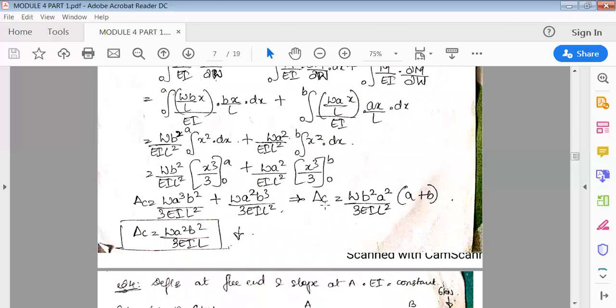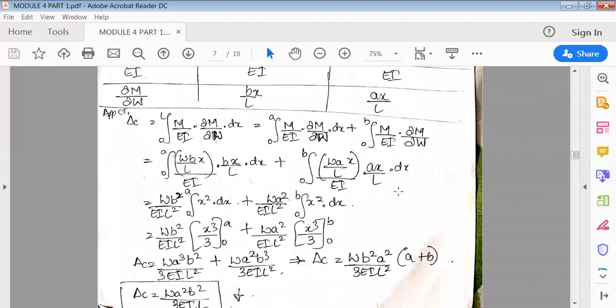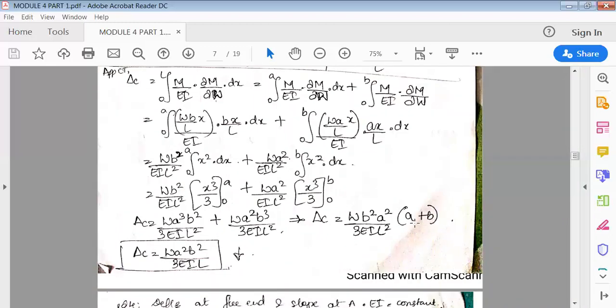So delta B equals, taking common WA²B², from here a², from here b², you're left with (a+b)/(3EIL²). We know that a plus b is nothing but L, so I'll substitute this with L. It is WA²B², this L and L cancel, so it is 3EIL. So finally the deflection is WA²B²/(3EIL).